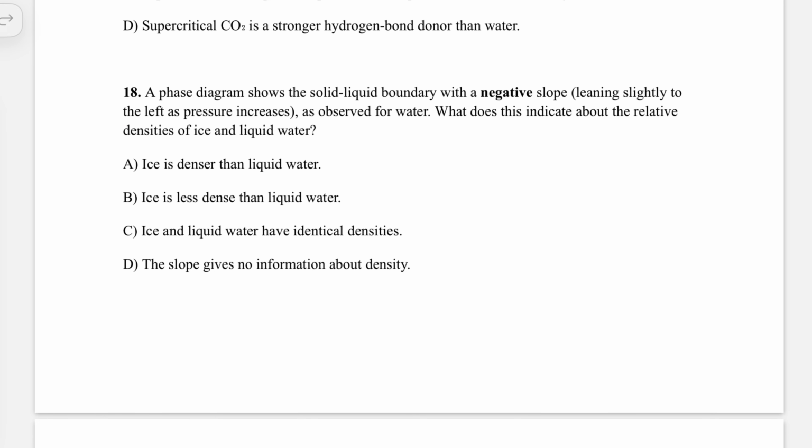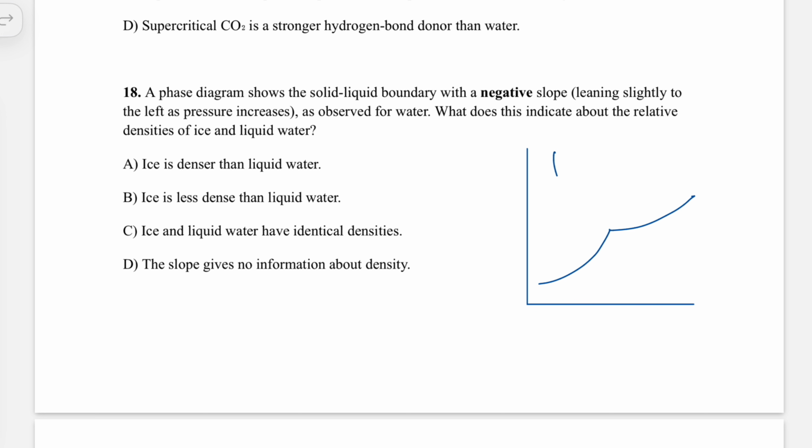Question 18. A phase diagram shows the solid-liquid boundary with a negative slope leaning slightly to the left as pressure increases, as observed for water. What does this indicate about the relative densities of ice and liquid water? So this is once again the phase diagram that looks a bit like this.